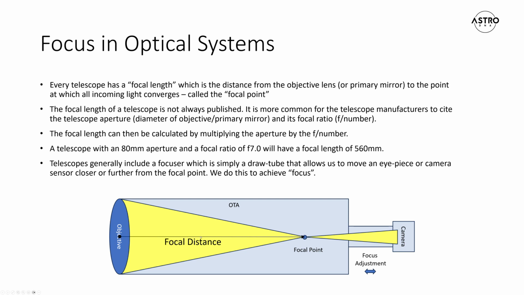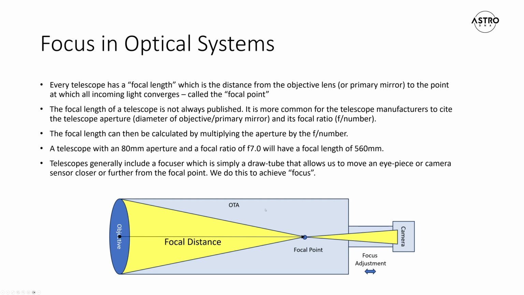That focal point for this particular telescope, assuming it's an f7 telescope, is about 560 millimeters away. That's our focal point. Notice that this is inside the optical tube assembly. And from that focal point, we see that the image proceeds and widens and lands at some focal plane back here. Let's just say it's a camera, it could be an eyepiece, it doesn't matter.